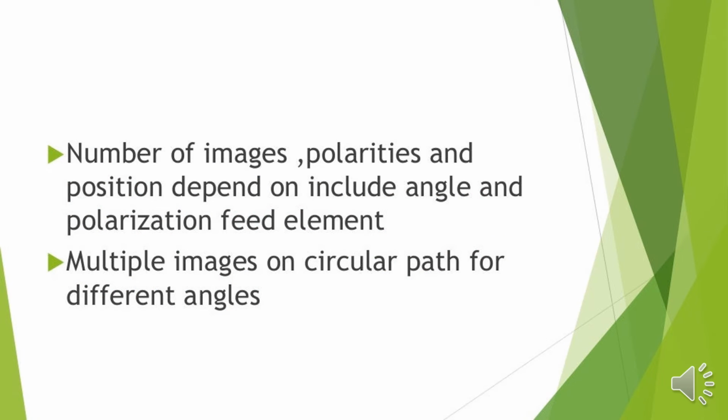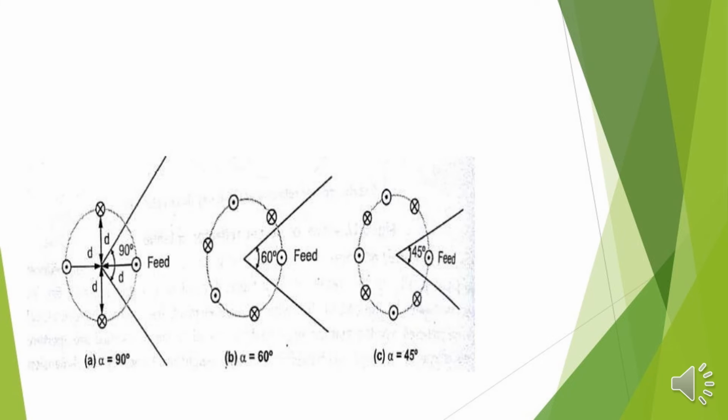Here the number of images, polarities and positions depend completely on the included angle and the polarization of the feed element. So multiple images on a circular path will be formed for different angles. We can change the angle to different values and obtain different multiple images on circular paths. You can see here I have changed to 3 different angles: alpha is equal to 90 degree, alpha is equal to 60 degree, and alpha is equal to 45 degree. So there are different variations.